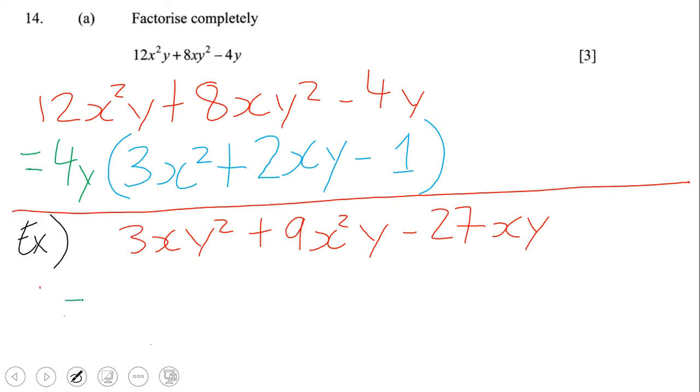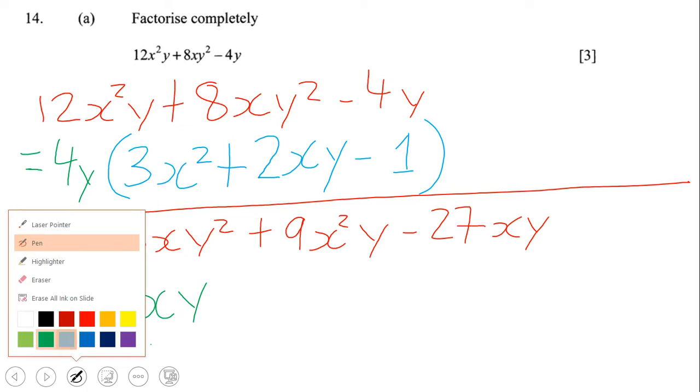the greatest common factor is 3, right? What else is common in all? XY. Very good. Because XY is here, XY is here, and XY is here.